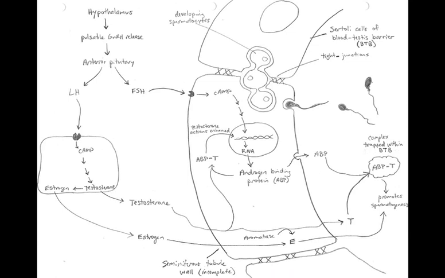Okay, here's where we're going to combine the actions of LH and FSH and the Leydig cell over here with the Sertoli cell of the seminiferous tubule over here. And so we just saw a moment ago, here's our GnRH pulse coming from the hypothalamus, stimulating the anterior pituitary to release LH and FSH.